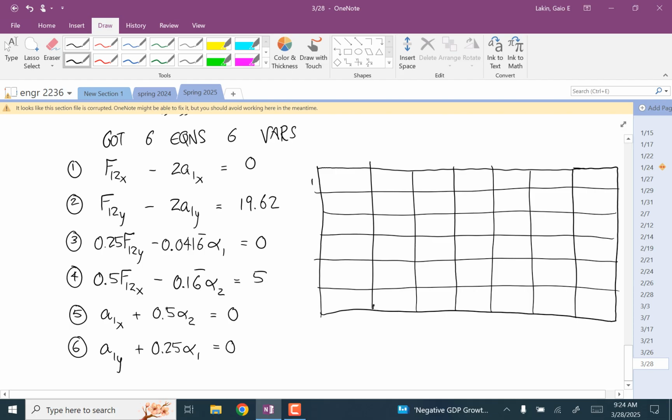So my 6 rows are equation 1, equation 2, 3, 4, 5, 6. And for variables, I'm going to go f12x, f12y, a1x, a1y, alpha 1, alpha 2, and then these are the constants.